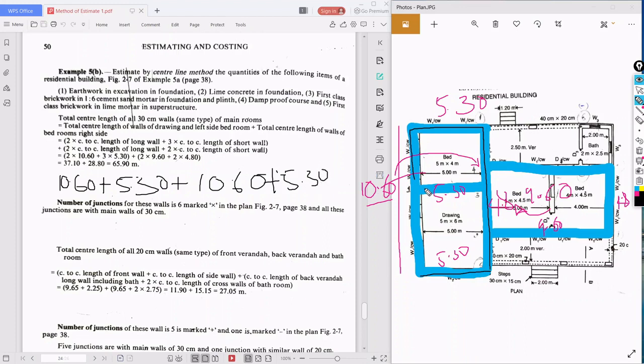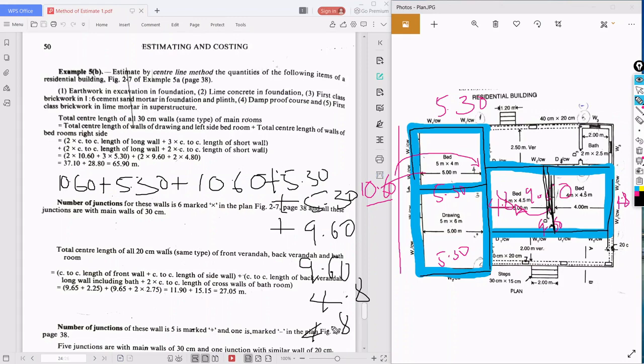Okay, next this one plus again 5.30, plus this one 9.60. This one happened. Next this one 9.60. Okay, next this one 4.8, next this one and this 4.8. Okay, if we add all these we are getting how much?